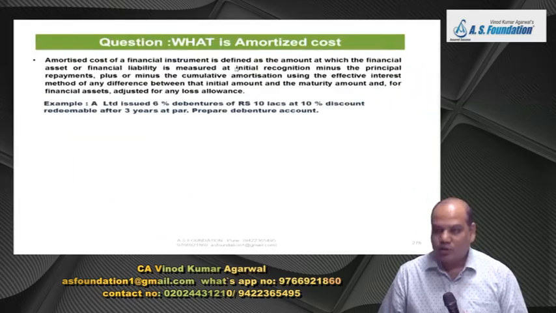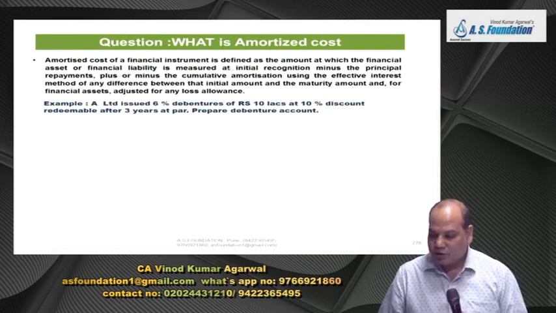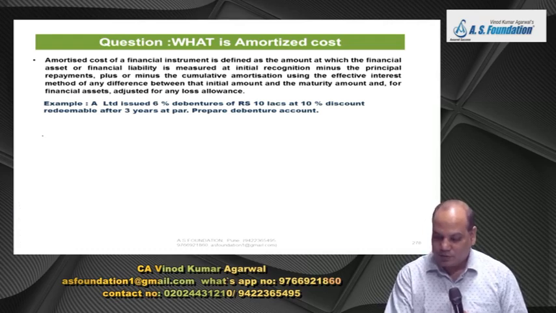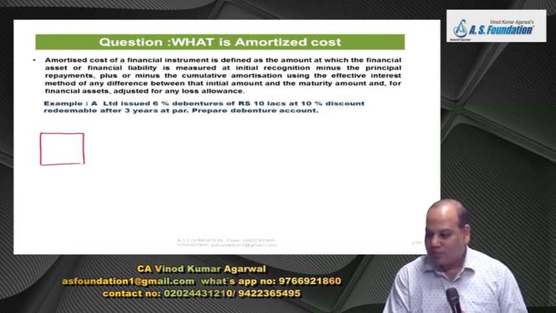Now what is amortized cost? Amortized cost of a financial instrument is defined as the amount at which the financial asset or financial liability is measured at initial recognition. Okay. So first I will recognize at the beginning fair value, and then minus the principal repayment.